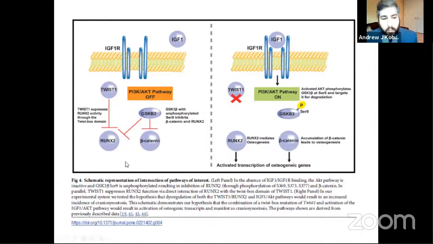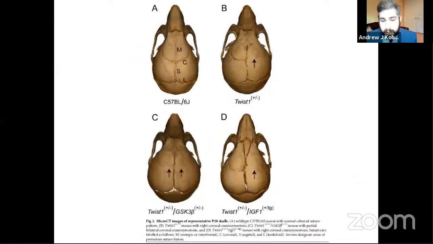So understanding more of these genes, the pathways involved, and their protein products' normal and abnormal function allows us greater insight to then be able to create animal models. As we've seen here, with a heterozygous knockout for the TWIST1 gene in the top right image, we can start to see a unilateral coronal synostosis similar to what patients with, say, Saethre-Chotzen syndrome will see.